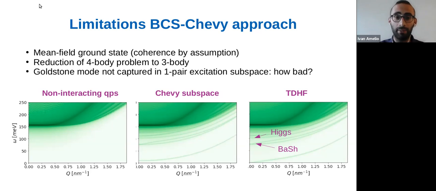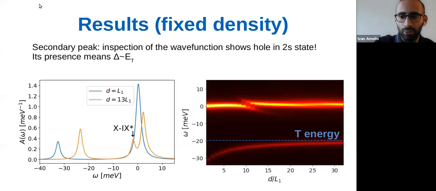The other big approximation we have made is that in computing the polaron spectra, we have reduced our 4-body problem to a 3-body polaron problem. And this means that in particular, this behavior of the attractive polaron energy is probably not what one would expect in reality. One probably should expect something more like this, maybe not even monotonic.